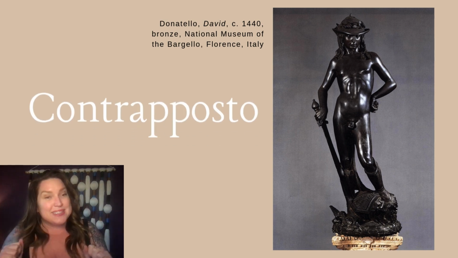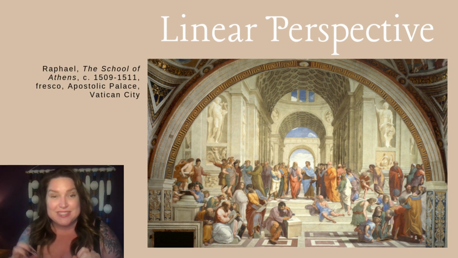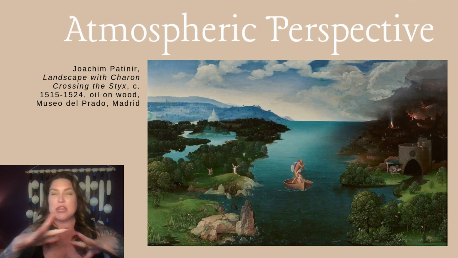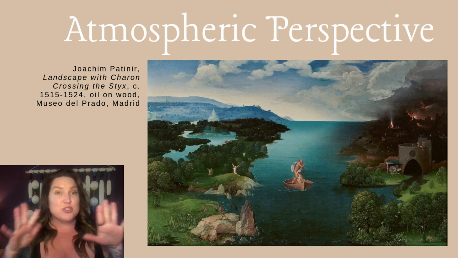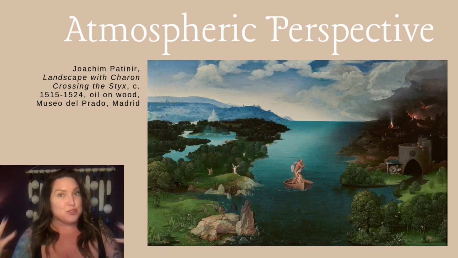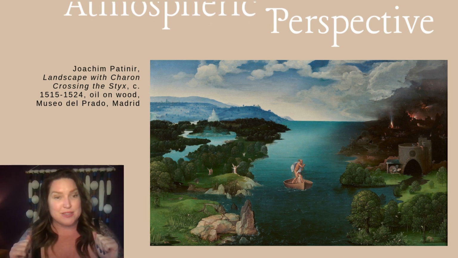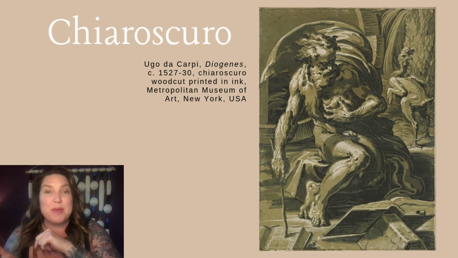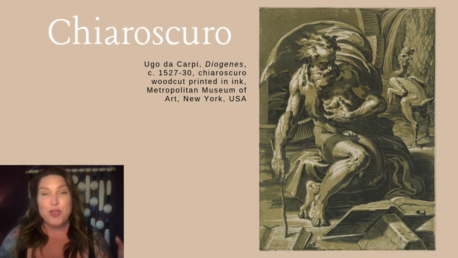In drawing and painting, we will see the discovery and codification of linear perspective and atmospheric perspective. And these will help to create the illusion of a three-dimensional space on a flat two-dimensional surface like the canvas of a painting. We will also see the use of chiaroscuro, light and dark. This is what you might have learned if you've ever taken a drawing class as tone or shading.